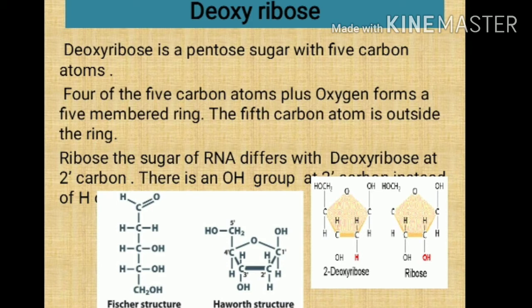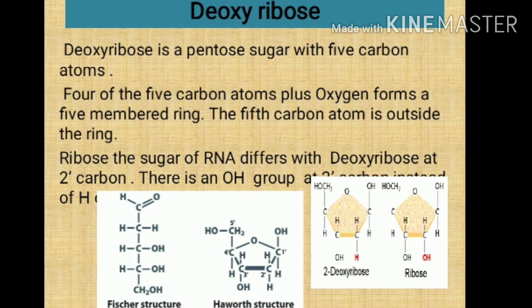Deoxyribose is a pentose sugar with 5 carbon atoms, 2-deoxyribose. Four of the 5 carbon atoms plus oxygen form a 5-membered ring.